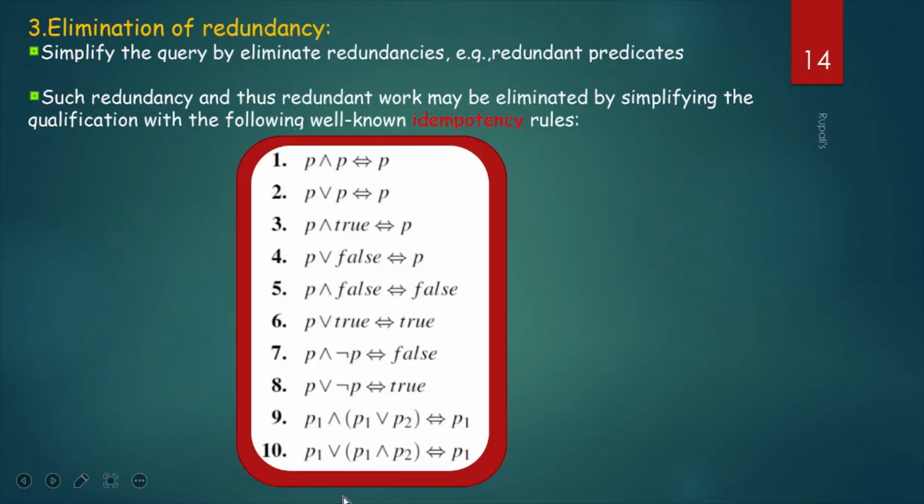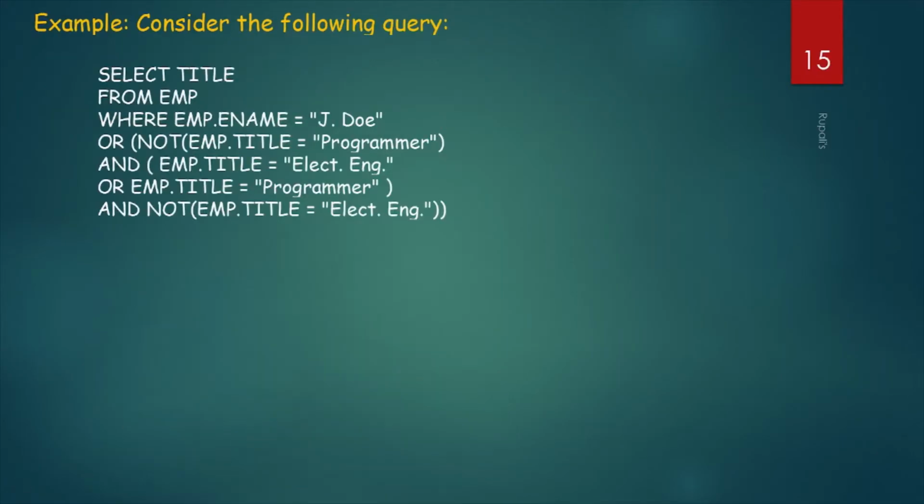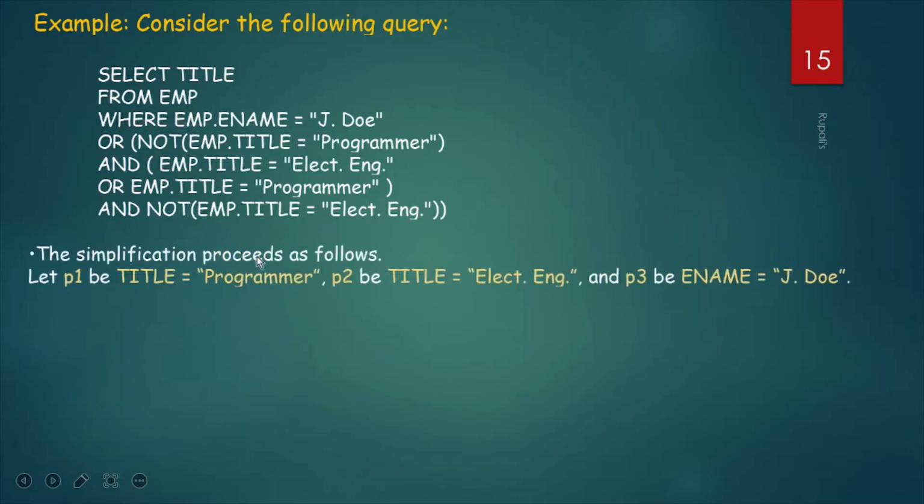Now, using these rules, how can we eliminate redundancy? We will take one example, then this will be more clear. Consider this query. Now, we have to simplify it. First, take the predicate, the portion after where. The simplification proceeds as follows. Let P1 be title equals programmer, P2 be title equals electrical engineering, and P3 be ename equals JEDO.